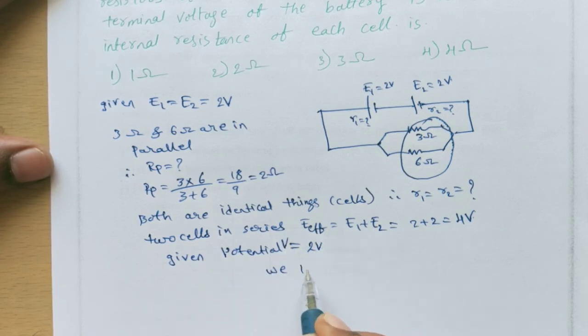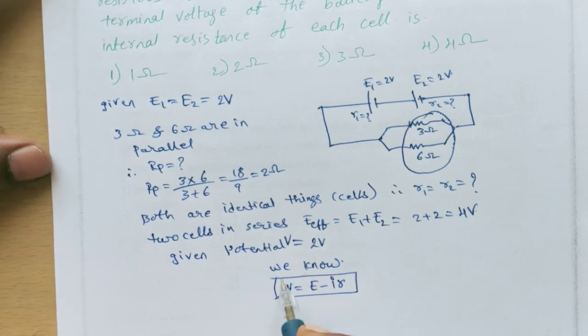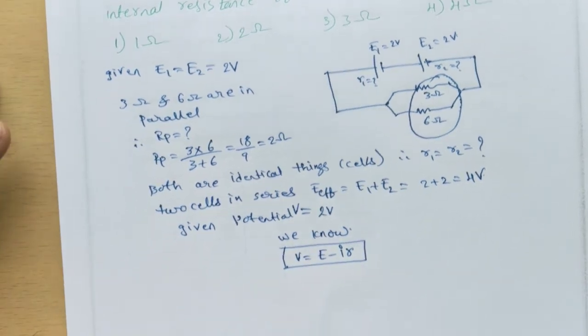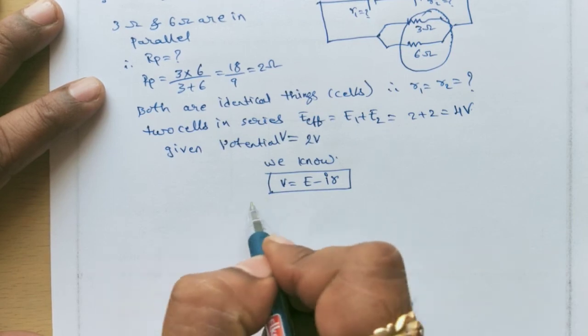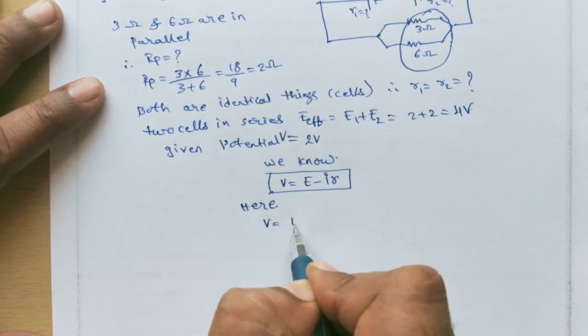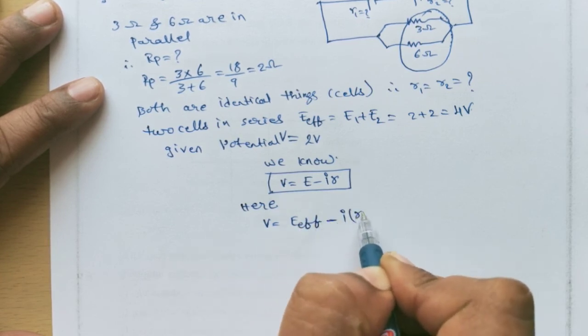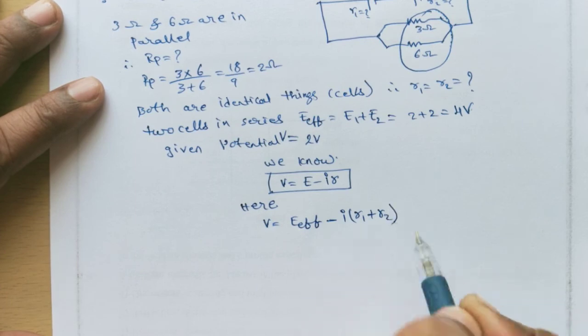We know students one thing, in case of cells V is equal to E minus IR. This is one standard formula we have. So but here the situation is, here based on given question, V is equal to, I am representing as E effective minus I into R1 plus R2 I am representing.